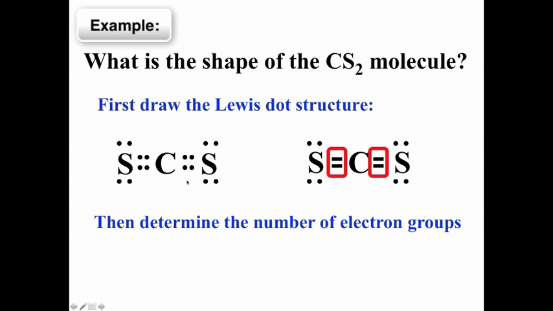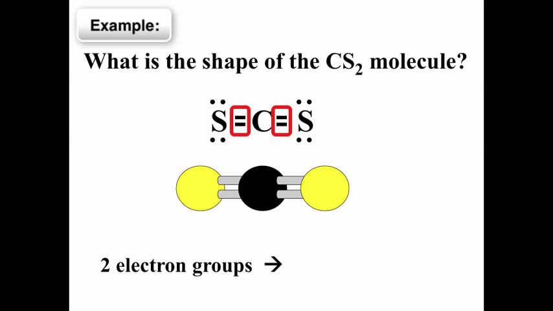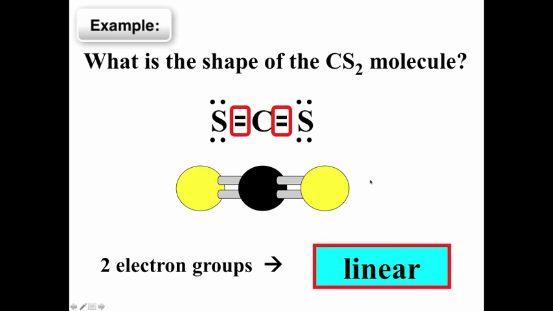And if you go back to this way of drawing it with the dots, that 4 electron grouping is 1 group of electrons. And this 4 electron grouping is a second group of electrons. We only have 2 total electron groups, and the shape that has 2 electron groups around the central atom, perhaps you remember, and maybe if you look at the model here, you can sort of visualize that that's going to be called linear.